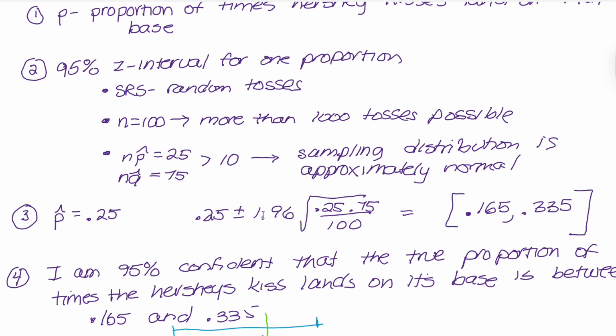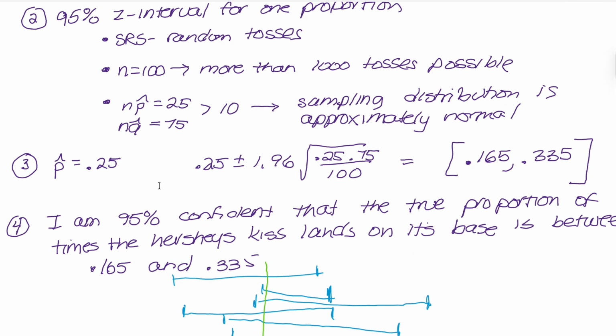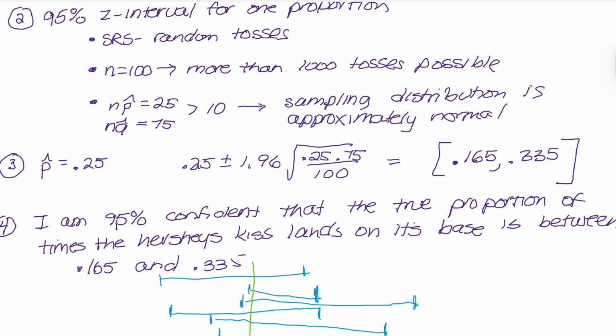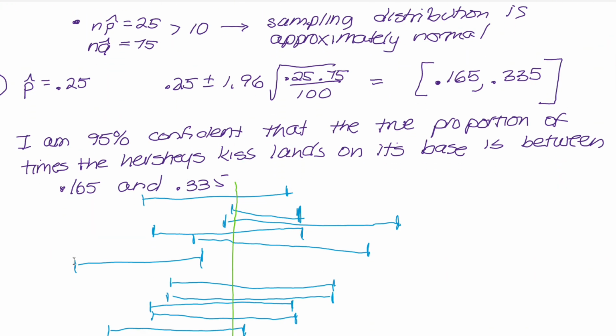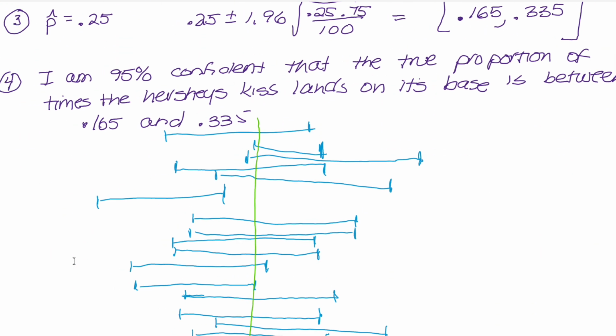Then use the formula to calculate the interval. It should be 0.165 to 0.335. And then conclude. I am 95% confident that the true proportion of times the Hershey's Kisses land on their base is between 0.165 and 0.335. So that's it for this question.